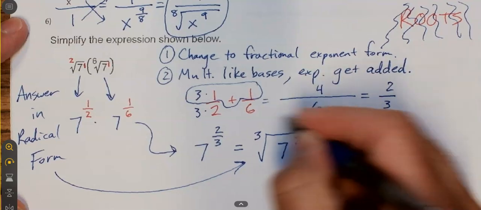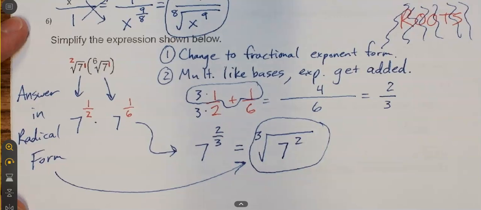The 2nd. And that, folks, is what we're looking at in this particular question. We changed them to fractional exponents. We knew we had to add them, so we had to get common denominators with our exponents. Get a little bit of reducing. And then changed it to its radical form.